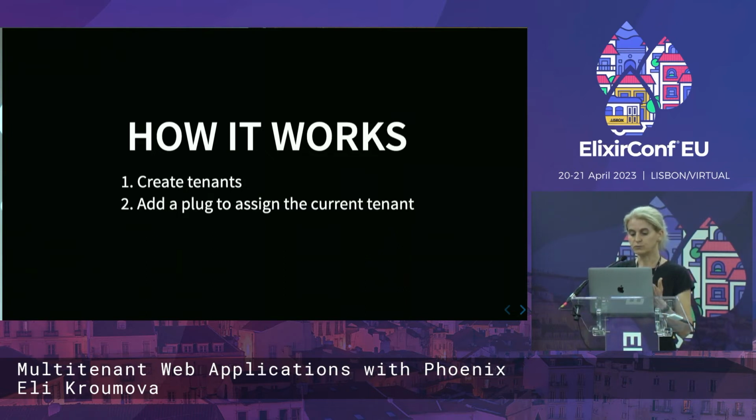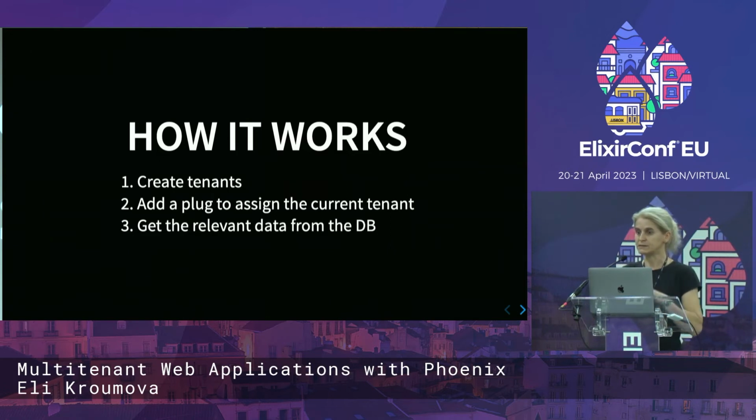Then we have to add a plug to assign the current tenant somewhere in the endpoint or in the router in order to have this information in the rest of the process. And finally, we have to pass this parameter through the calls to the database and get the relevant data depending on the tenant that we have chosen.